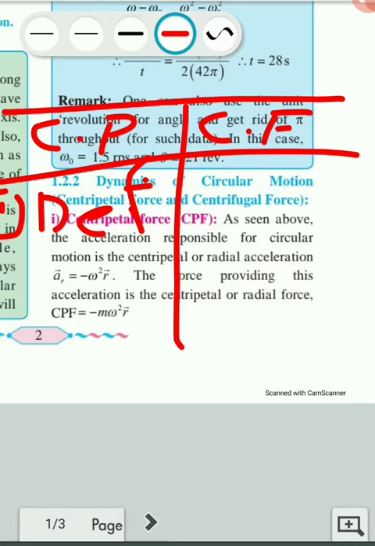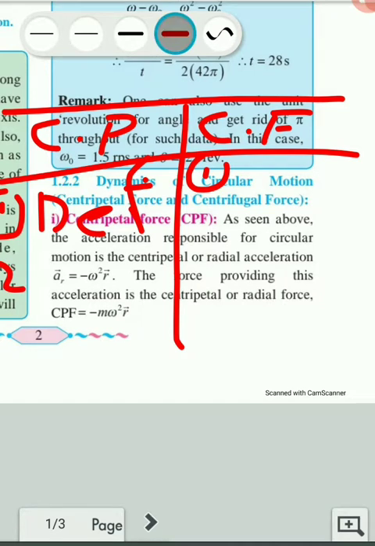We very well know that the force acting on a particle which is along the radius and directed towards the center of the circle is called centripetal force. And the definition of centrifugal force is that the force acting on a particle which is along the radius but directed away from the center of the circle is called centrifugal force.